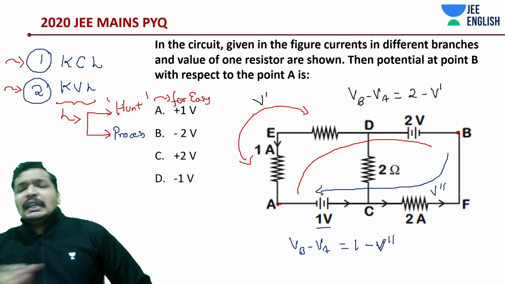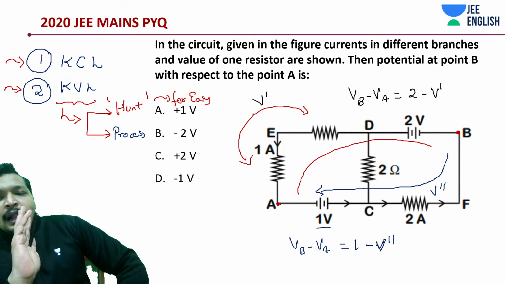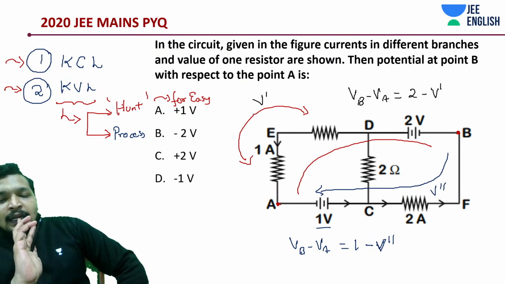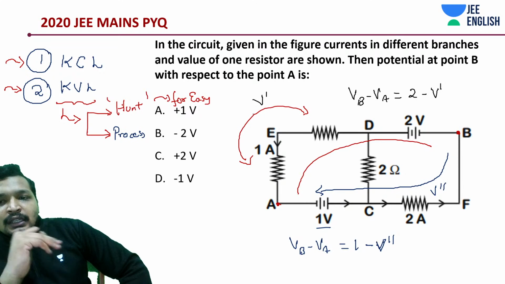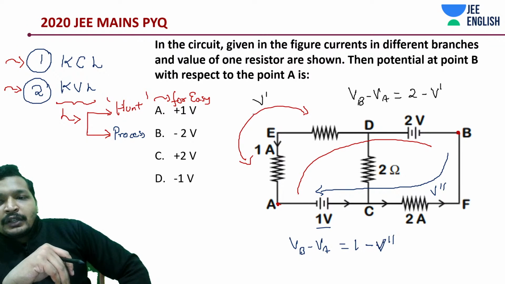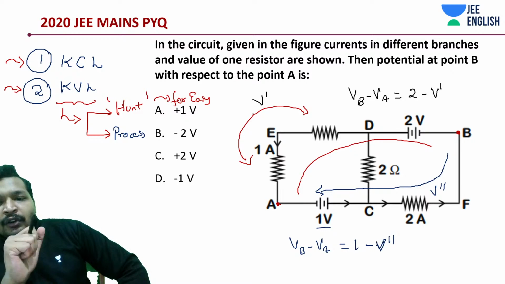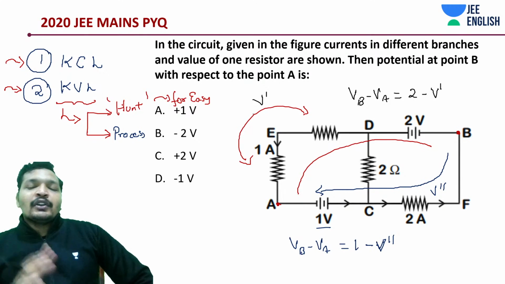Okay. See, haven't I told you something? If you equate VB and VA this way, you get the value of what the potential drop should be. We carefully have a look at this thing.